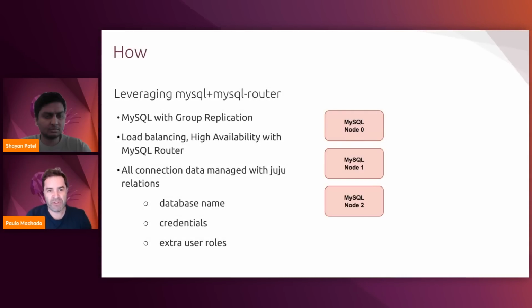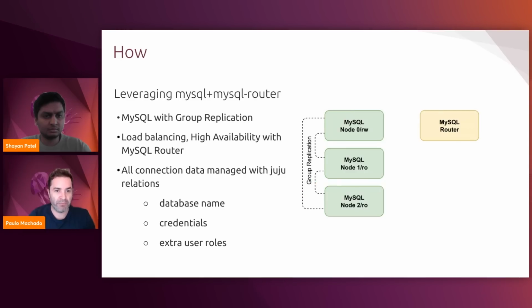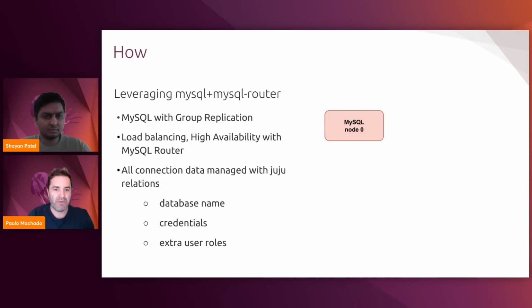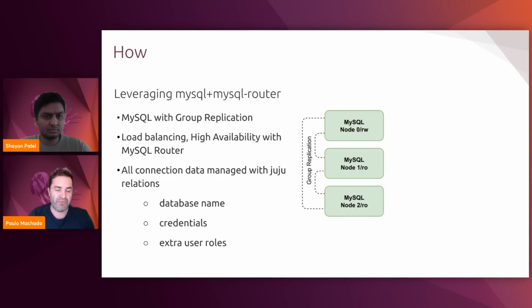So how do we achieve high availability with the MySQL Charmed operator? Basically, we are using one plugin called group replication, made by the MySQL team, which allows the clusterization of MySQL. This is synchronous data replication. Also, to leverage the full high availability, we deploy a MySQL Router instance together with the setup.